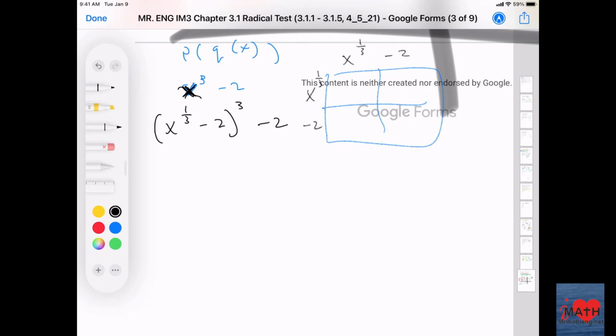Okay, remember, same base, you add the exponents. So this becomes x to the 2/3, negative 2x to the 1/3, negative 2x to the 1/3, minus 2. So this would become x to the 2/3. Combining like terms, you just add the numbers in front.